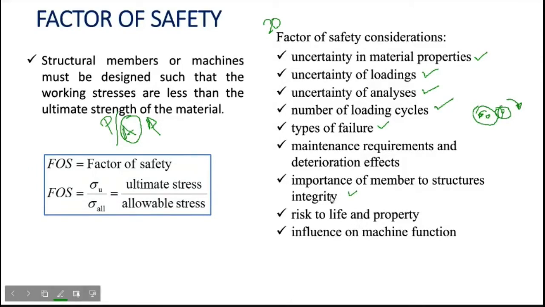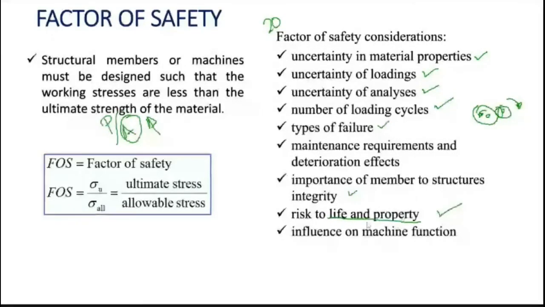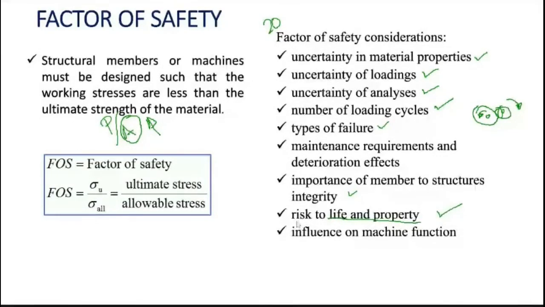Very, very important, life and property, right? Anything you buy, if it is a risk to life, you have to increase the factor of safety. If it is not affecting anything, you can decrease your factor of safety. Of all these considerations, this is very, very important. We buy a chair, if the chair breaks, what will happen to us?